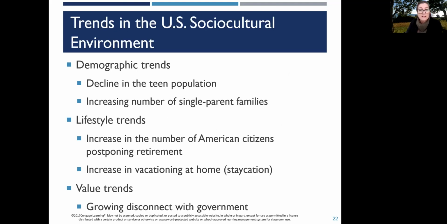Okay, I've just mentioned that there's an aging population globally as well as in the US. There's also an increasing number of single parent households. In terms of lifestyle trends, we've got an increasing number of Americans that are postponing retirement for various reasons, including that they can't afford to.